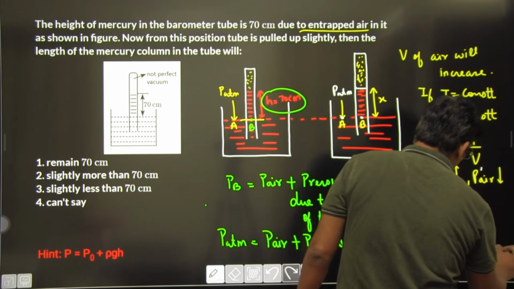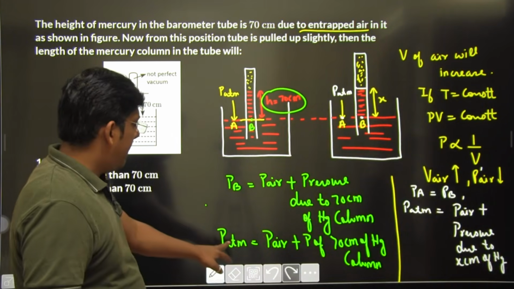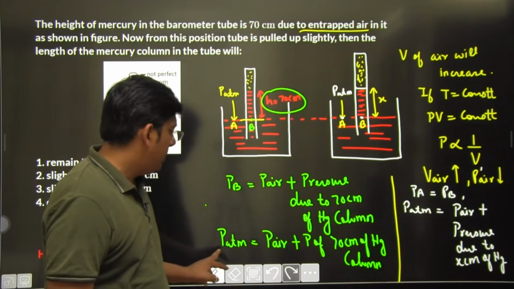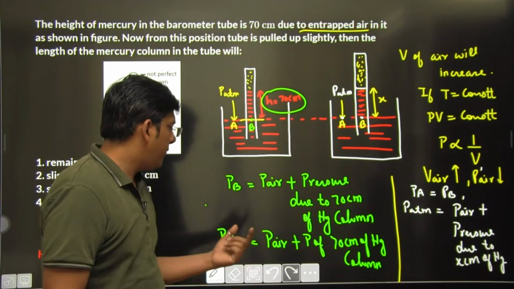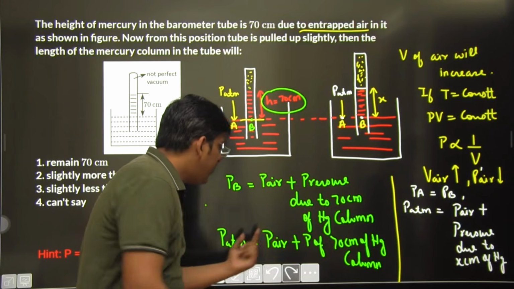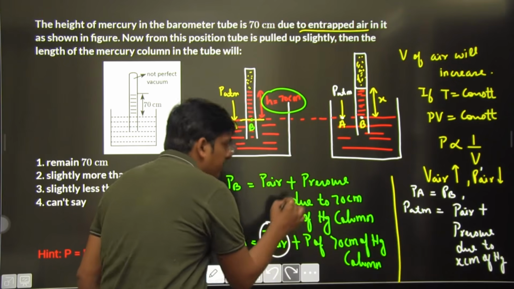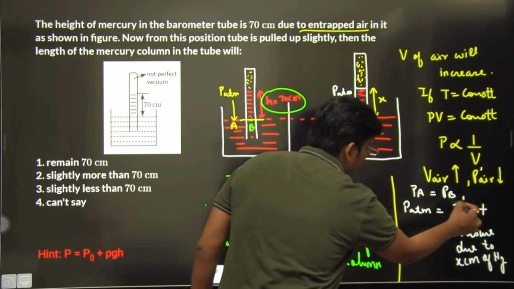Now dear student, one important thing to understand is that atmospheric pressure remains same. Atmospheric pressure is the sum of pressure exerted by air column plus 70 centimeter of mercury. Now when we are pulling the tube upwards, pressure exerted by the air column decreases, this is P dash.